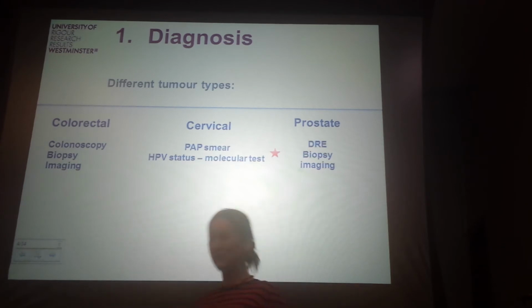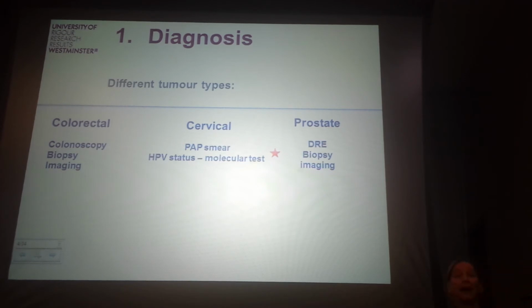We have lots of opportunity to do good work. And I think that this is an area of biology where we can actually make an impact. I put that little star there to say that the only molecular test so far is on the cervical cancer. And we're teaching you about molecular biology all the time.